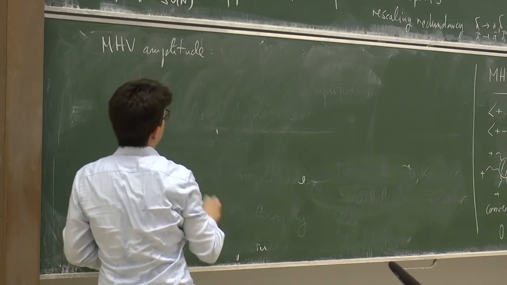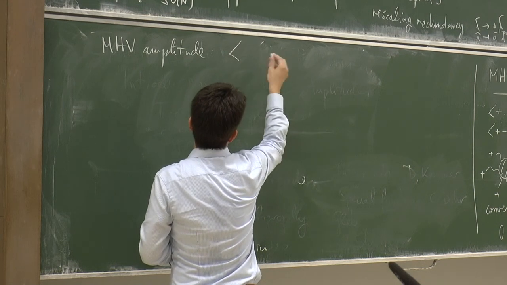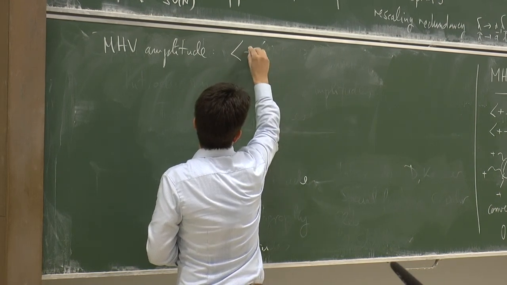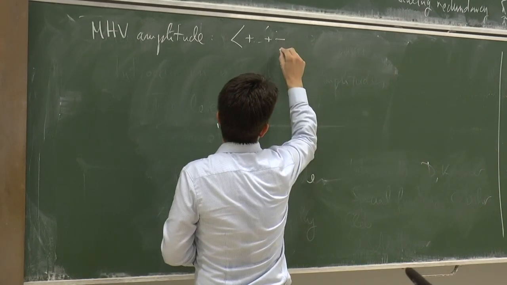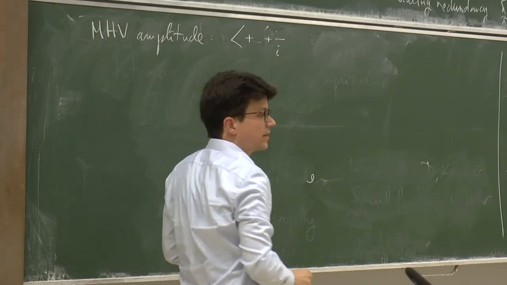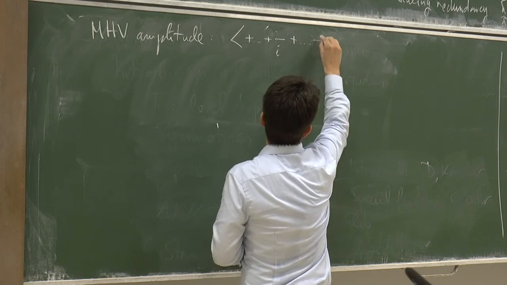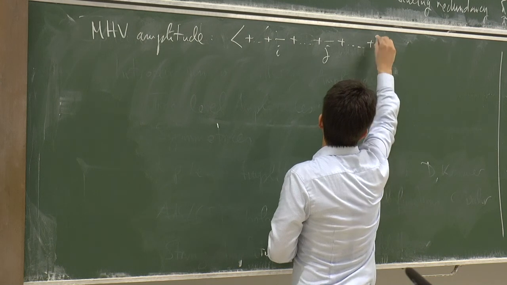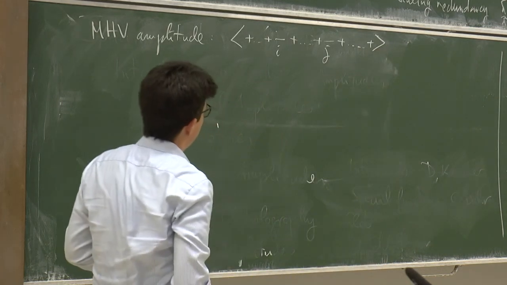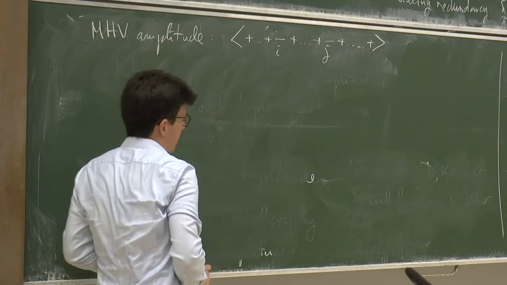So this is why MHV amplitudes refers to the case where you have all helicities plus, and then at position I a negative helicity gluon, and then at some other position J another negative helicity gluon, and so on.